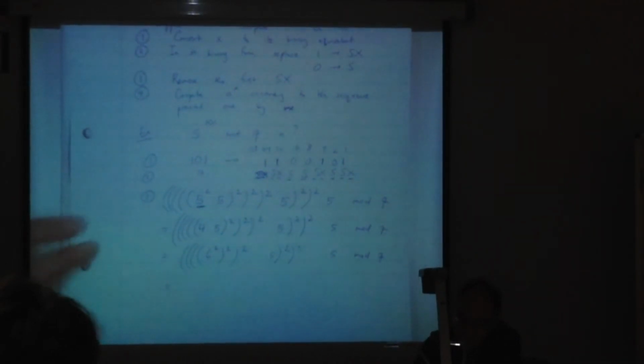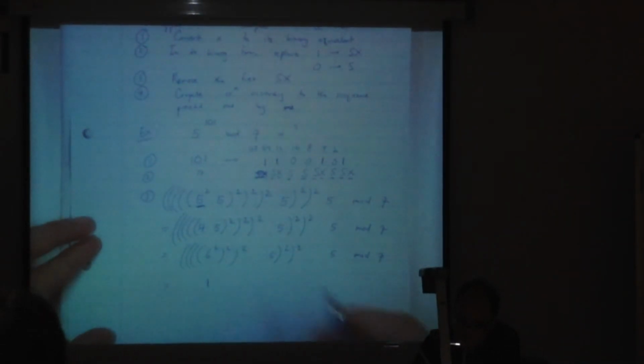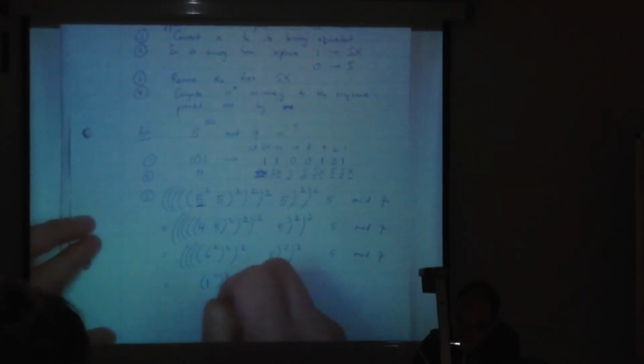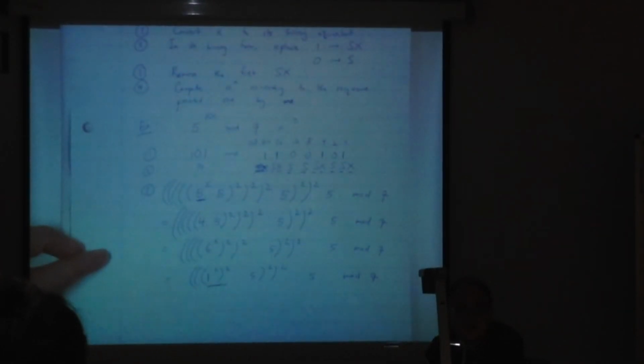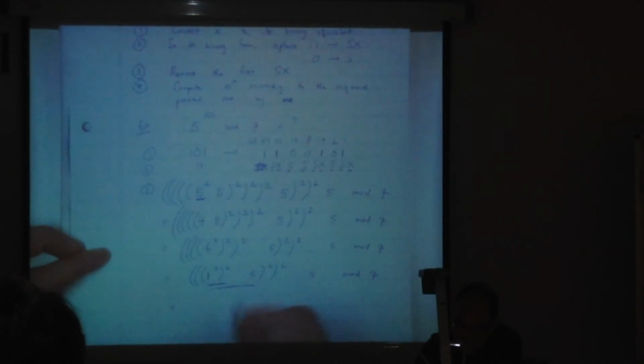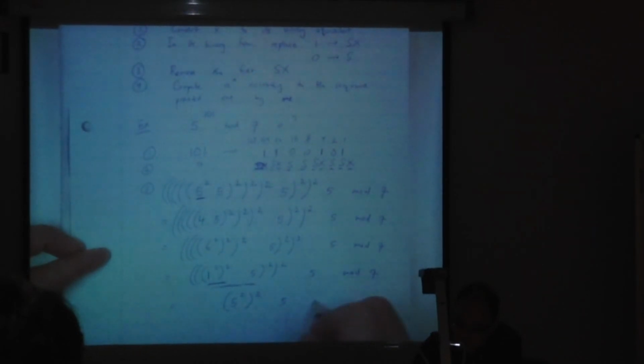So this one is 1. You can see that as soon as I find 1, I can do this quickly, because 1 square is 1. So this result will be eliminated by 1. Now the next one is 1 multiplied by 5, so the next calculation is 5 square, square, 5 mod 7.